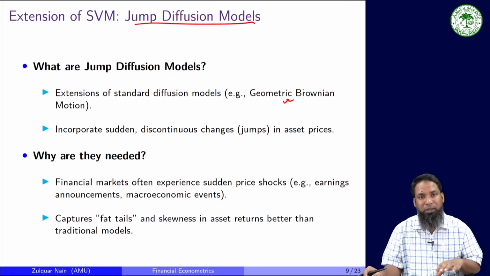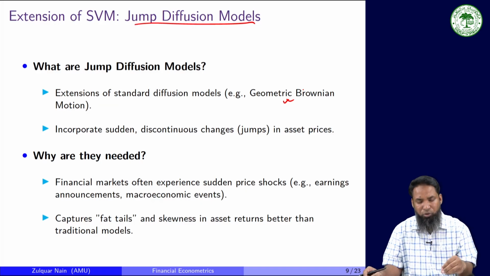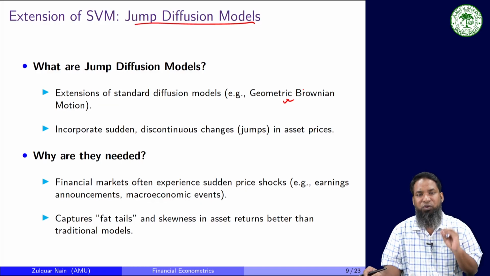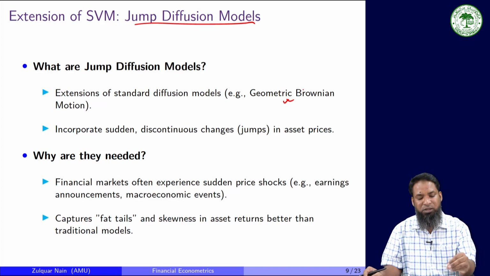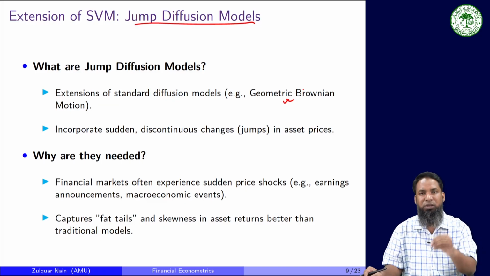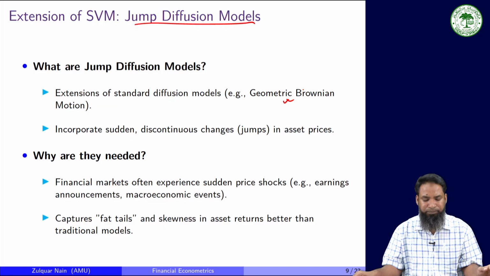So these are observed phenomena in the financial markets. However, if you rely on traditional volatility models like GARCH and others, we will not be able to capture these phenomena. They could be captured using the extension of the stochastic volatility model, what we call the jump diffusion stochastic volatility models.